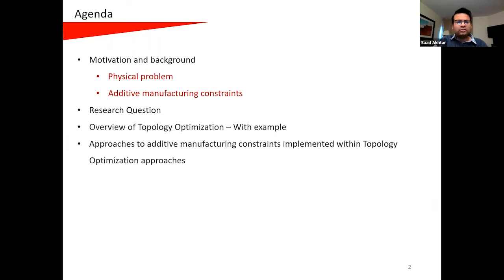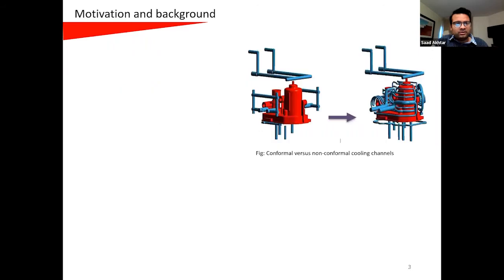Following that, I'm going to outline mathematically different approaches for additive manufacturing constraints that we seriously considered, implemented and tested. And then the one that we selected and formulated, and some of the key outcomes after we integrated that approach within the topology optimization framework that was built at the National Research Council. So without further ado, let's move on.